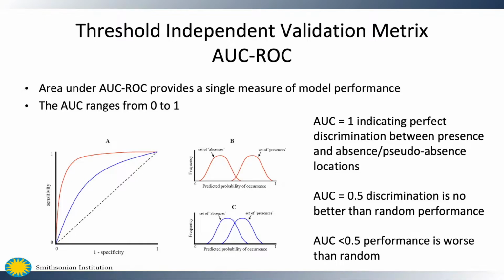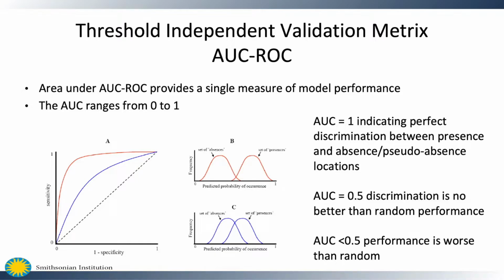So we go from 0 to 1, and we want this plot to get as close as possible to the upper left corner. So when the area under this curve approaches 1, that means we have a perfect discrimination between presences and absences in the model prediction.